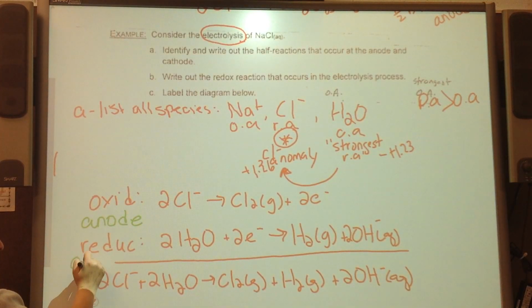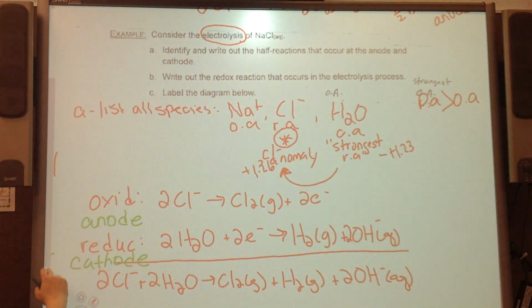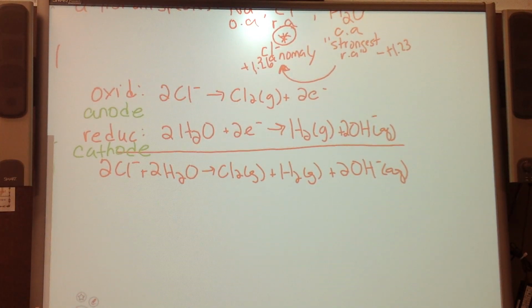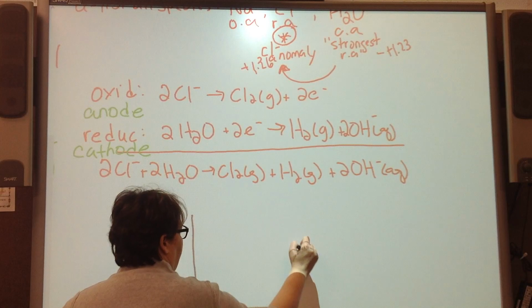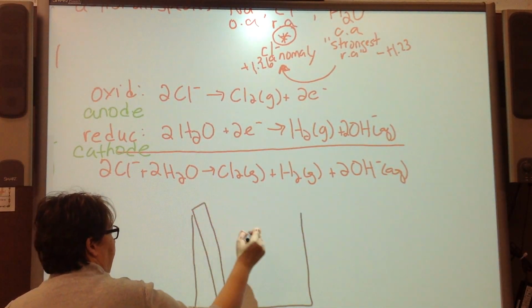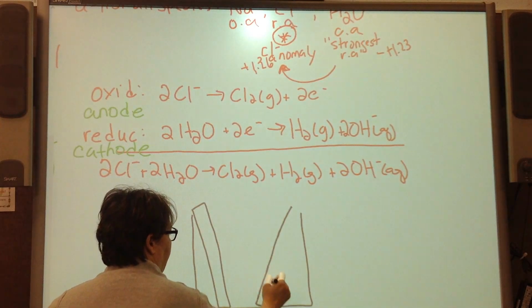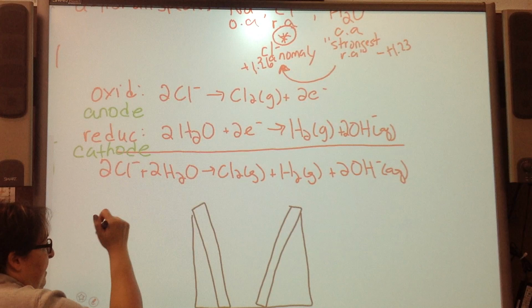And so we find reduction at the cathode. So when we go to draw our picture, we know that it's electrolytic.